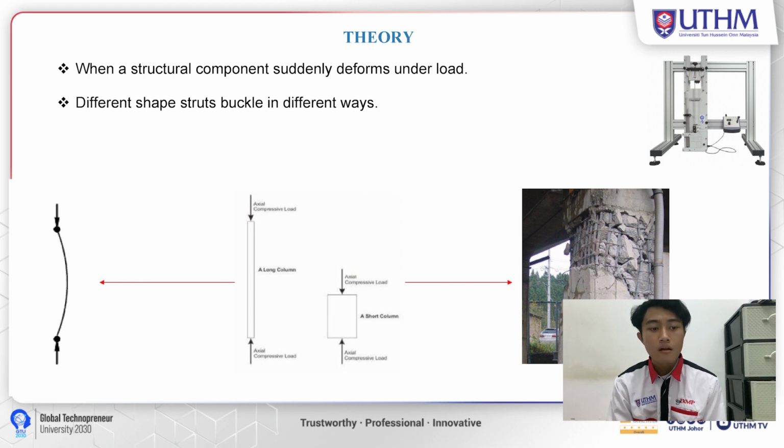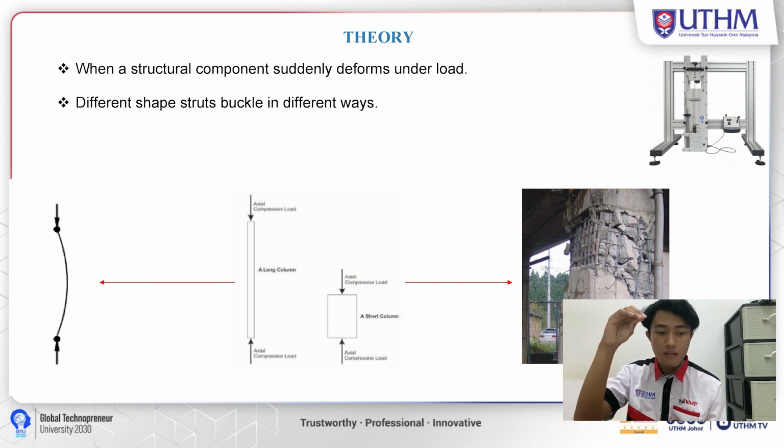For the theory, buckling is when a structural component suddenly deforms under load, and differently shaped struts buckle in different ways. When a long thin column has an axial load acting on it, it will bend, like in the figure on the left.